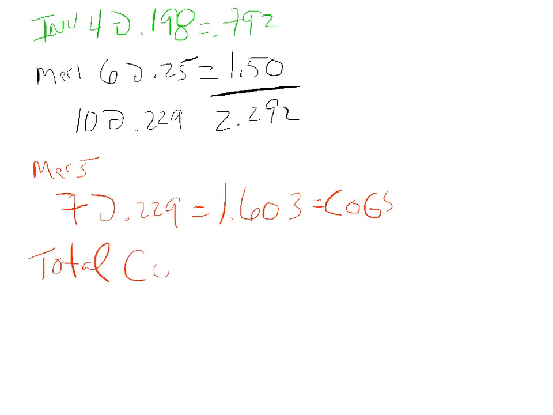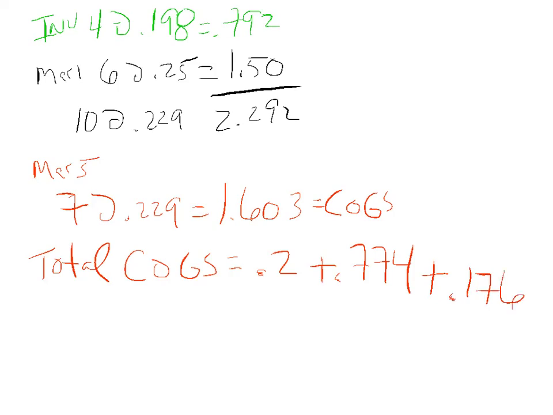So, total cost of goods sold, if we just add up all of those red individual layers of cost of goods sold that we figured out, is 0.2 plus 0.774 plus 0.176 plus our last layer of sales, which were 1.603.